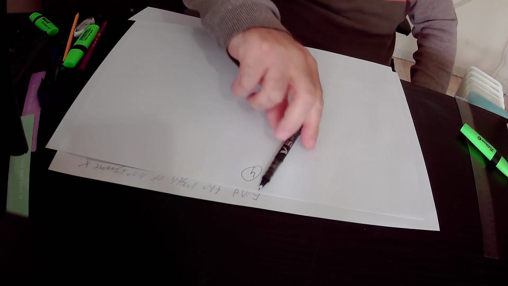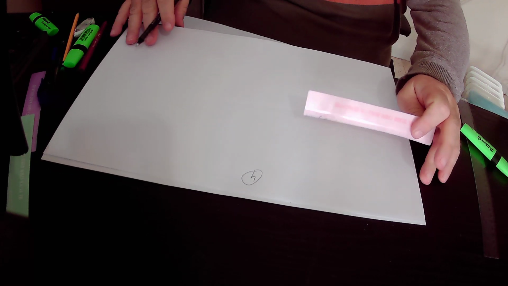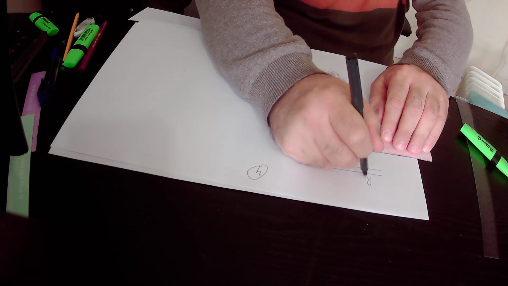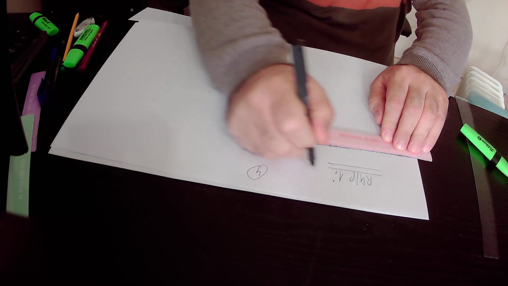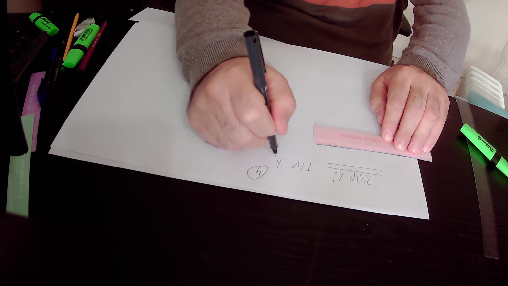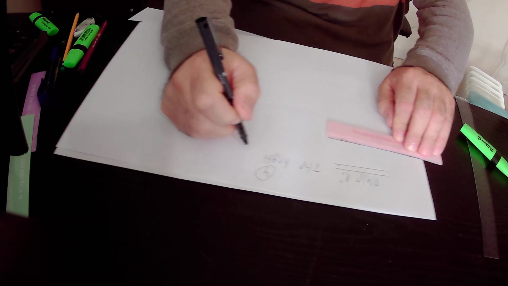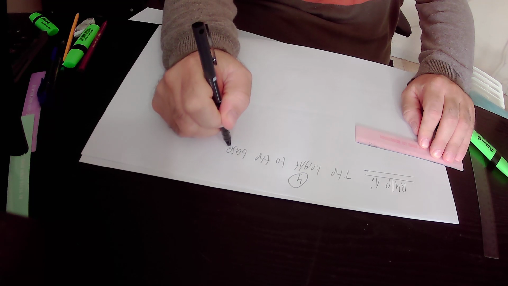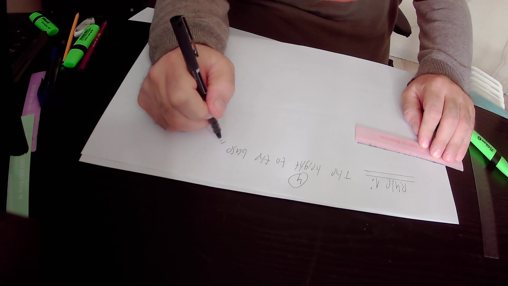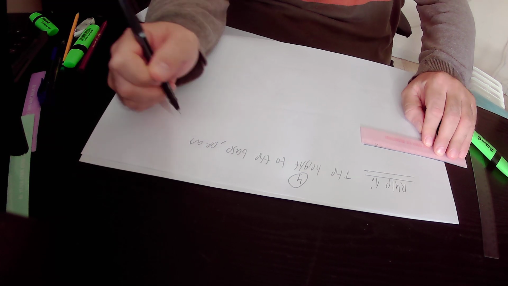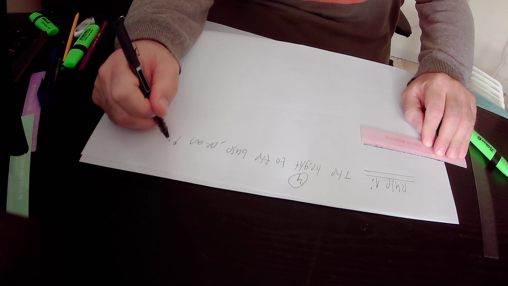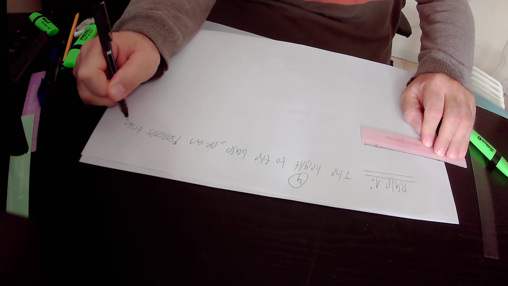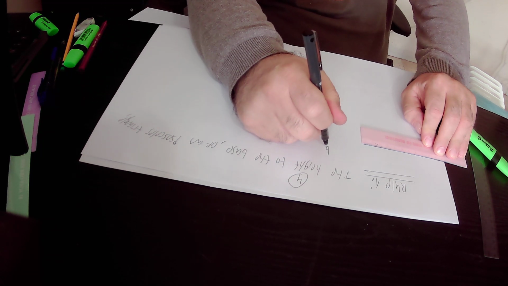According to rule number 1, the height to the base of an isosceles triangle bisects the base.